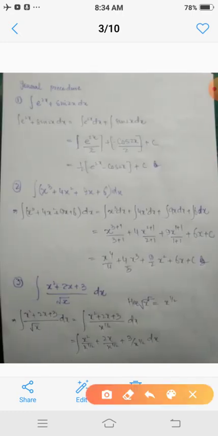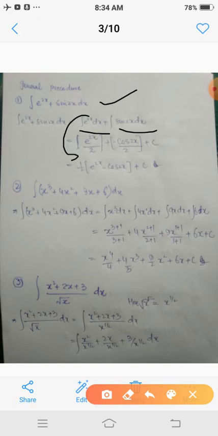Like if we consider two functions, e raised to power 2x plus sine 2x, its integral is given by breaking this integral, because we have finite functions: integral of e raised to power 2x dx plus integral of sine 2x dx. Now the integration of e raised to power 2x is e raised to power 2x, then we have to differentiate the power and write that derivative in the denominator, which is 2.